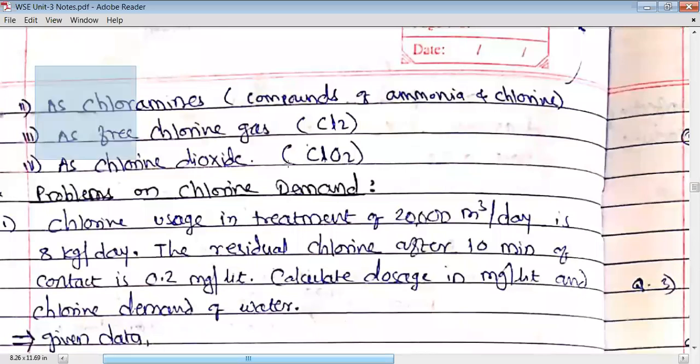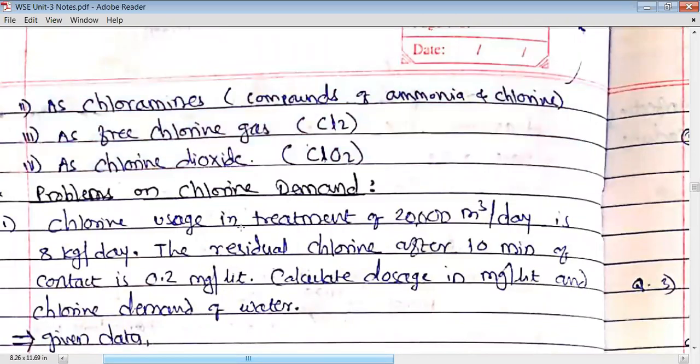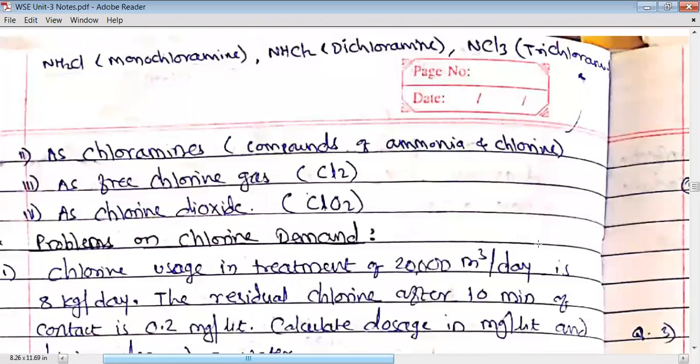These are the forms of chlorine which are used in the treatment. Have you written these all points: chloramine, or the compound of ammonia and chlorine, then free chlorine gas, and chlorine dioxide, ClO2.